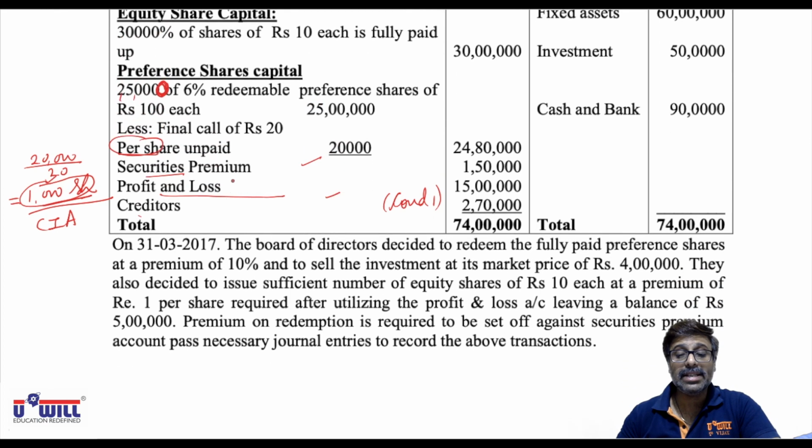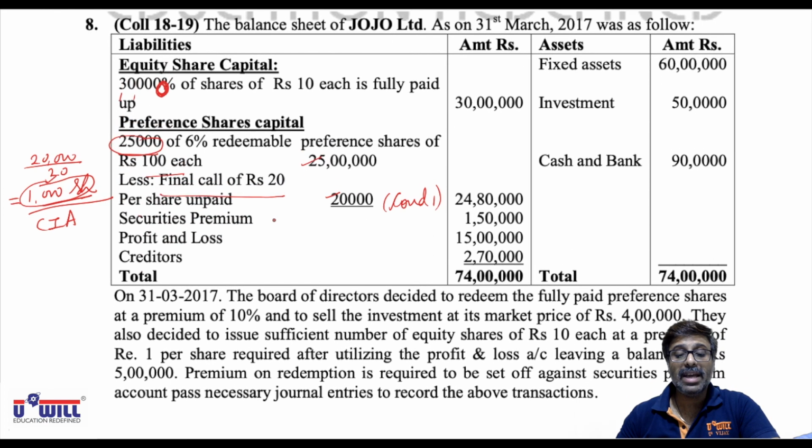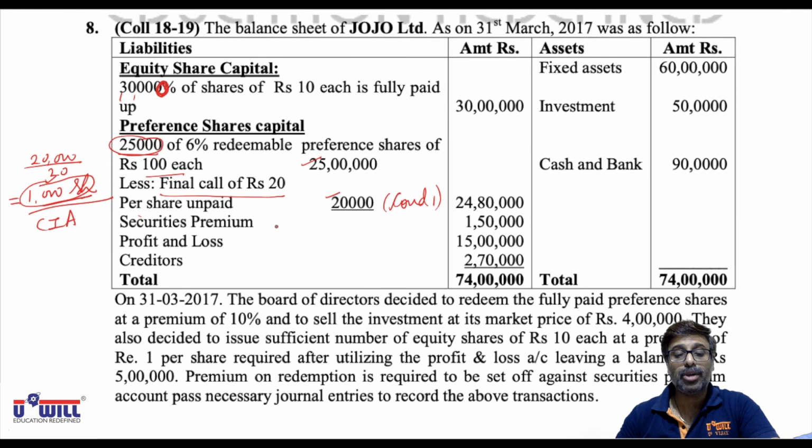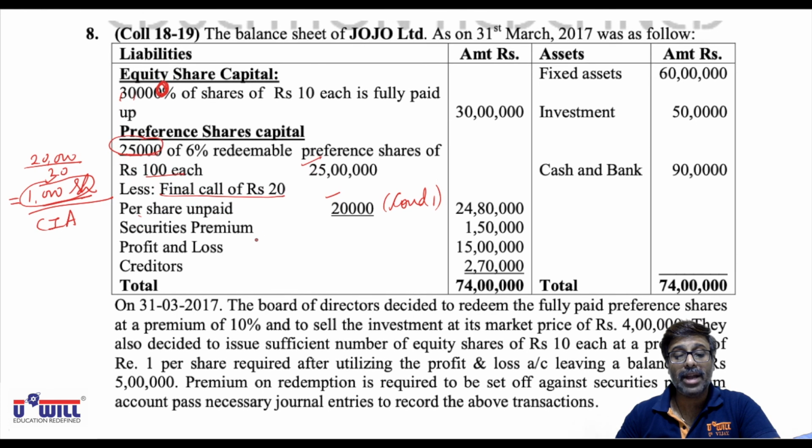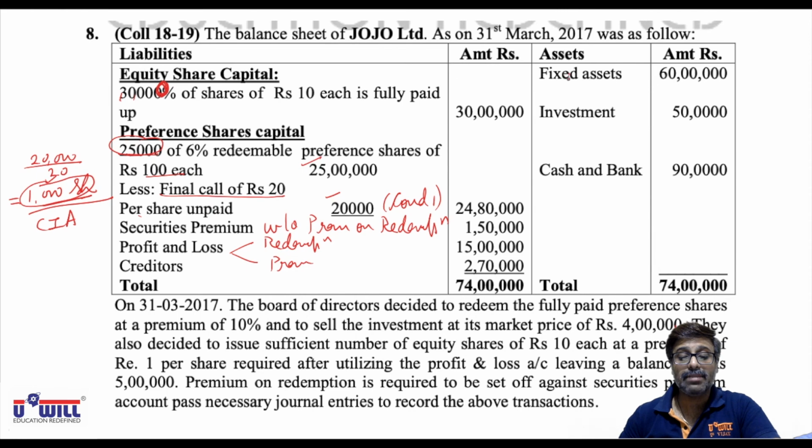Then securities premium account, we have 1,50,000. So securities premium account can be used only to write off premium on redemption. Profit and loss account can be used for both. It can be used for redemption of preference shares as well as writing off premium on redemption. Fixed assets, investments, cash, other items are given now.